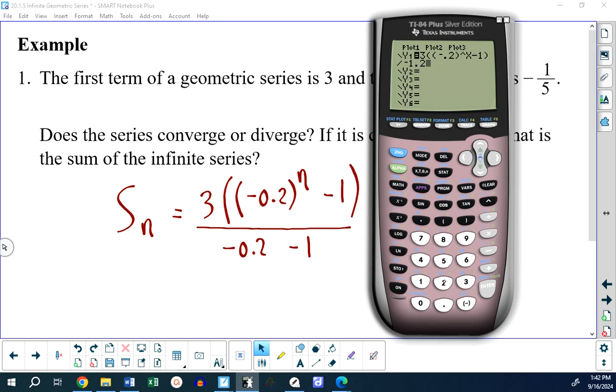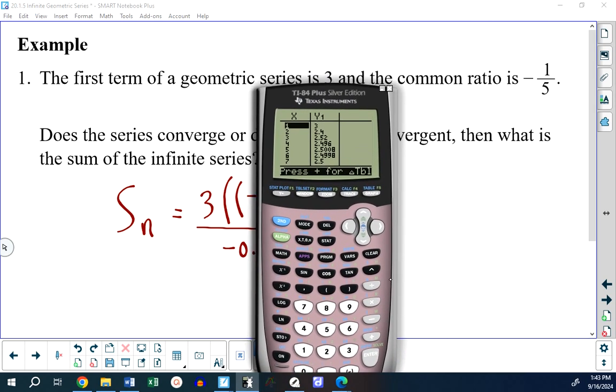I suppose I could put a set of brackets and then go negative 0.2 minus 1, but that is negative 1.2. I've been scrolling around, so I want to start at 1, not 13. Double check to make sure I've entered things correctly: first term in brackets, common ratio to the n minus 1, close all the brackets. Okay, we're good. So I go to here, and the sum of the first term is 3.